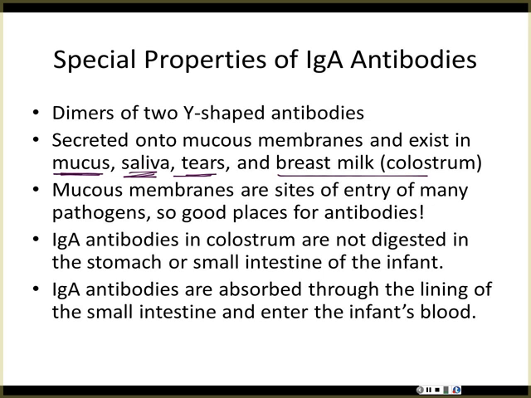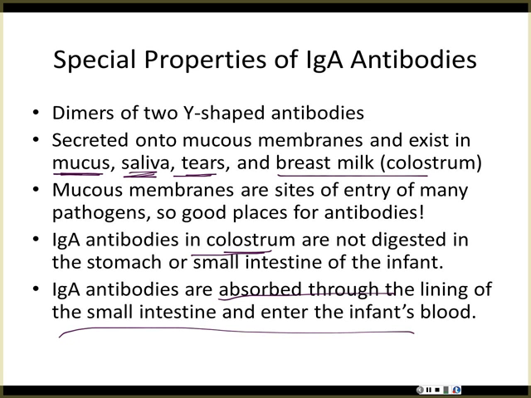IgA antibodies in colostrum are not digested in the stomach or the small intestine of the infant. On top of that, they can actually be absorbed through the lining of the small intestine. So these are big molecules. Antibodies are proteins, and we don't normally absorb intact big molecules like that through the intestinal tract.